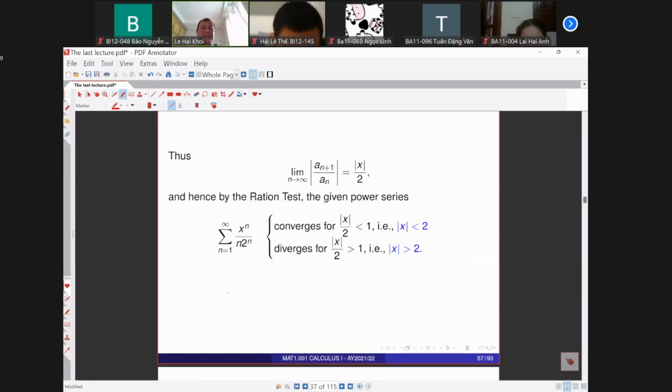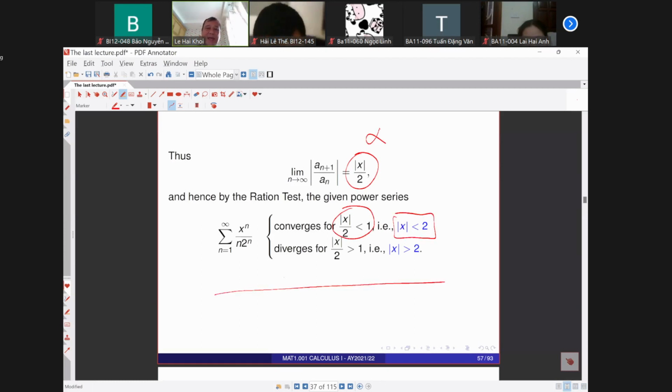This is alpha in your test, right? If alpha is less than 1, which means modulus of x is less than 2, inside, then the power series converges.